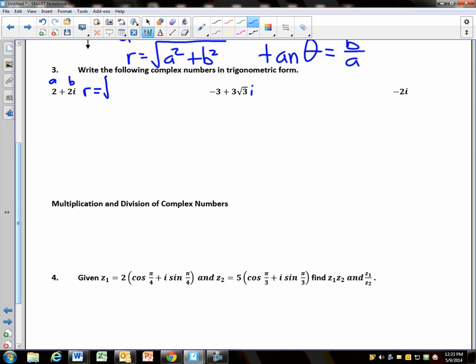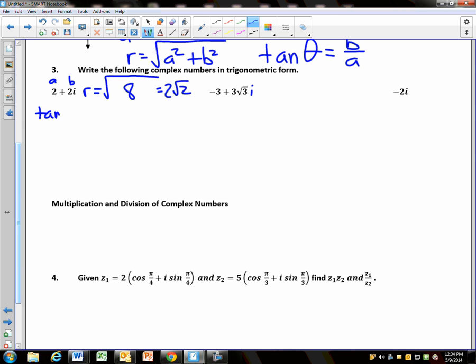So r is equal to, what is a squared plus b squared? You don't square the i, you just square 2. So you've got 4 plus 4. We don't do anything with the i. b is the number in front of the i. So we get square root of 8, which is 2 roots of 2. Right?